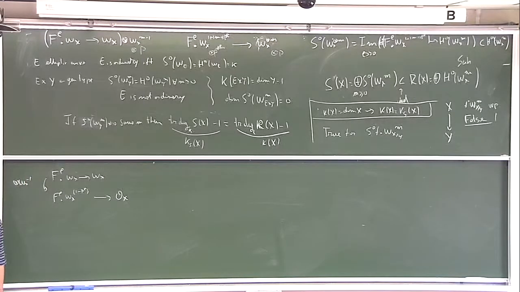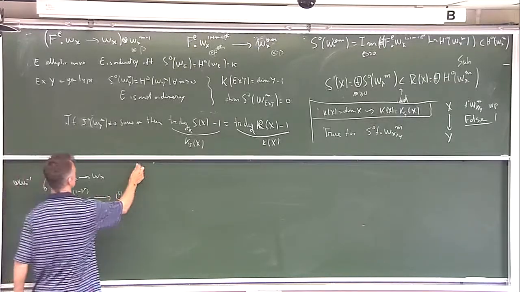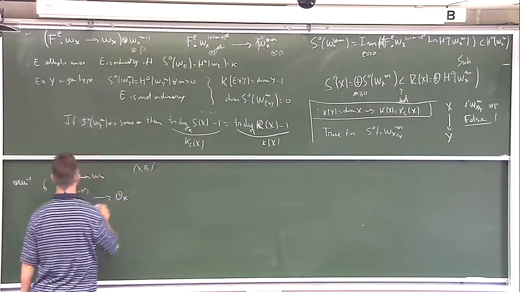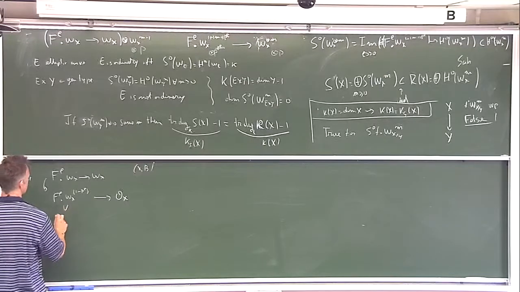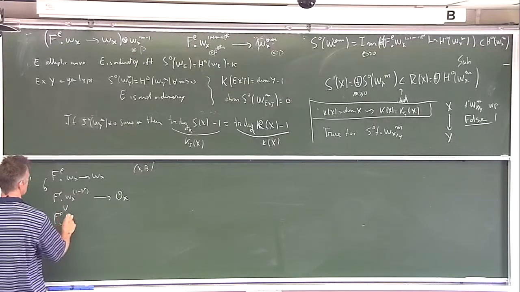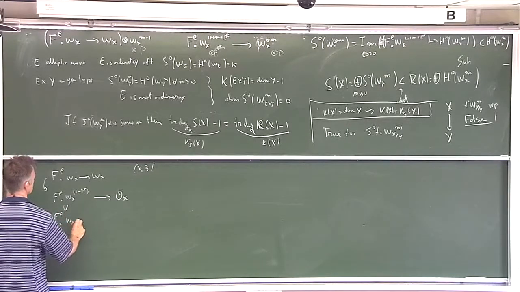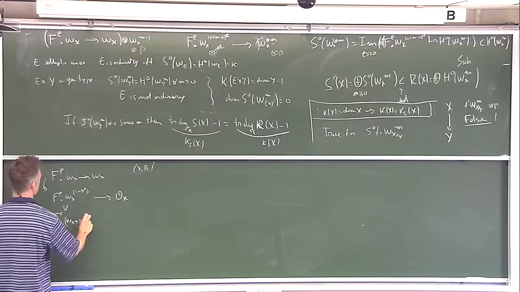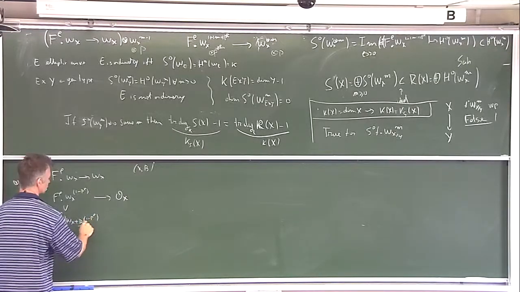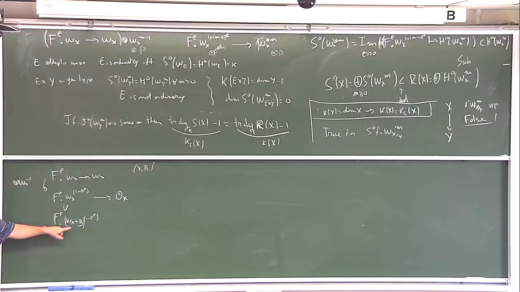Now you consider your boundary, if you have a pair (X, B), then you can look inside of here at F^e log star of omega X plus B to the power of 1 minus p to the e. Notice 1 minus p to the e is negative, right? So to go from here to here, I'm just adding B to the 1 minus p to the e.